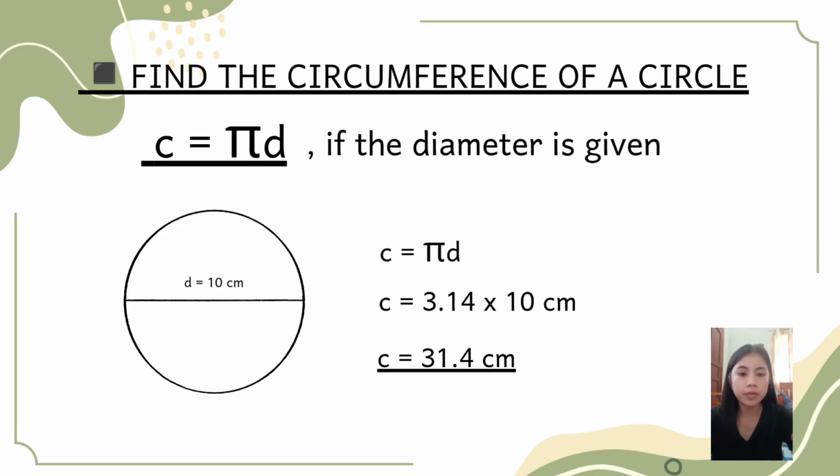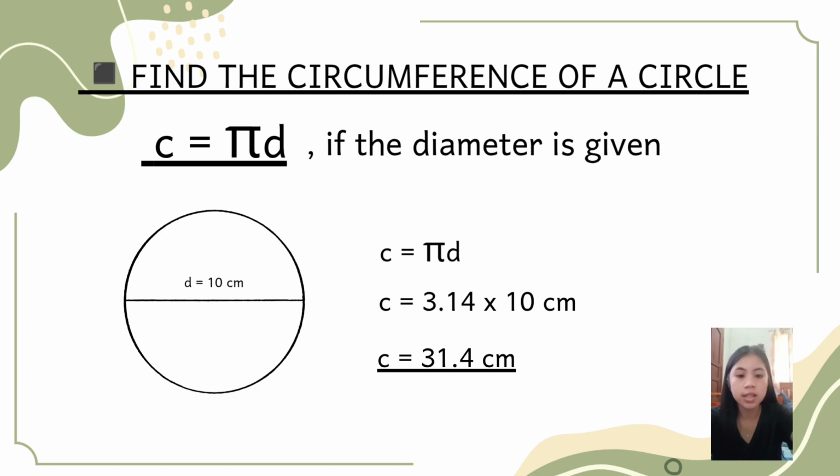If we are going to find the circumference of a circle, we are going to use the formula circumference equals pi times diameter if the diameter is given. For example, if the diameter of a circle is 10 centimeters, so circumference equals pi times diameter.